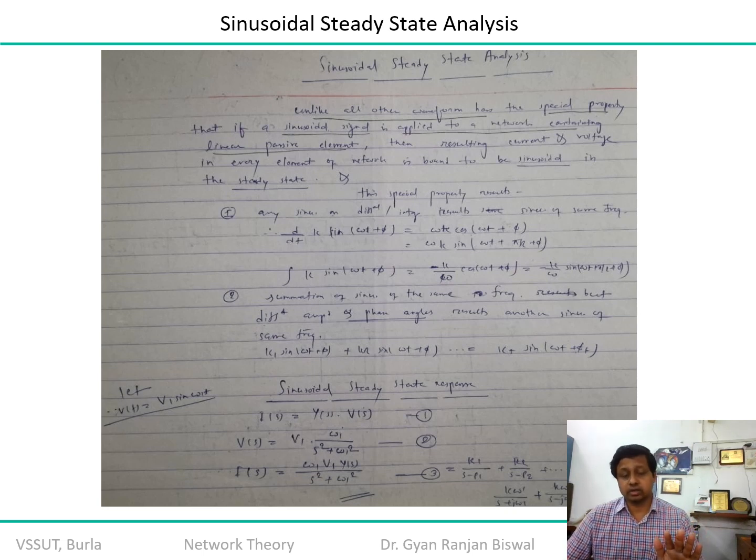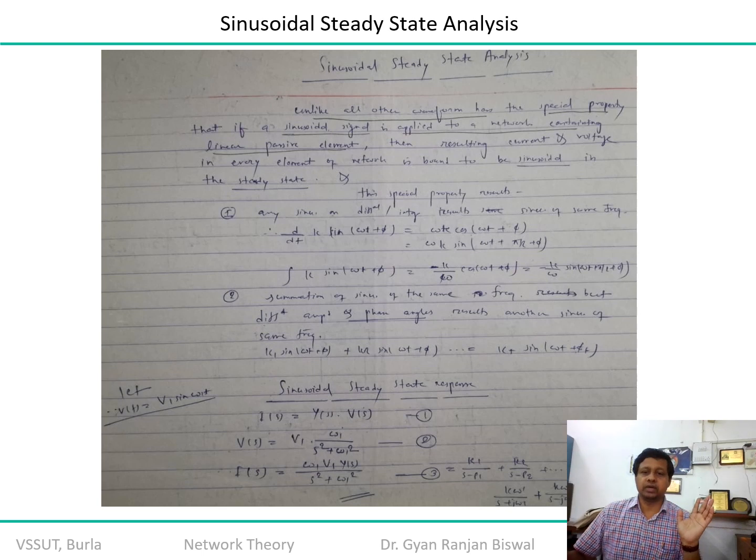Unlike the sinusoidal wave, in any other wave the behavior of the response of the individual elements, that means the RLC elements, is typically different. Number two, when we talk about the generation of power, your supply frequency should match with the frequency of your prime movers, your generating section in the power generation plant.